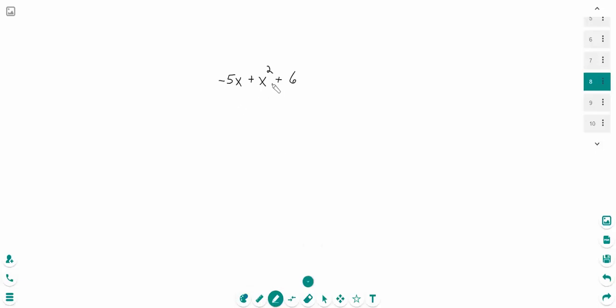We need to first find the term with the highest degree or the highest exponent, which is going to be this term. That's the term that's going to go first. And then we'd write from there our next highest degree term, which would be the negative 5x. And then we have this leftover term at the end.